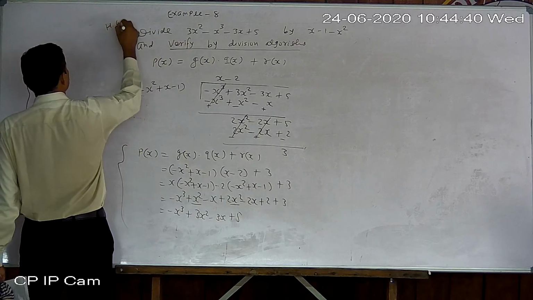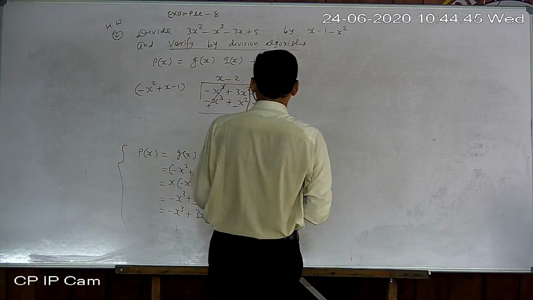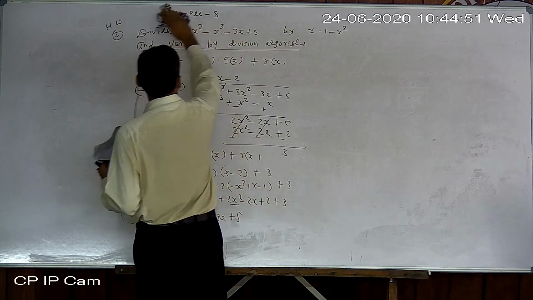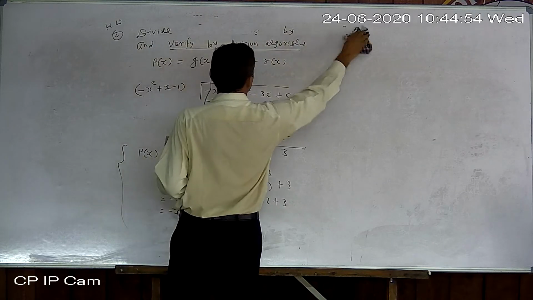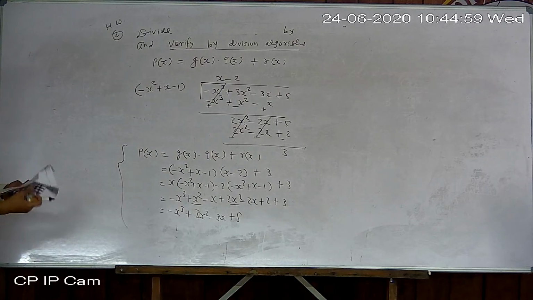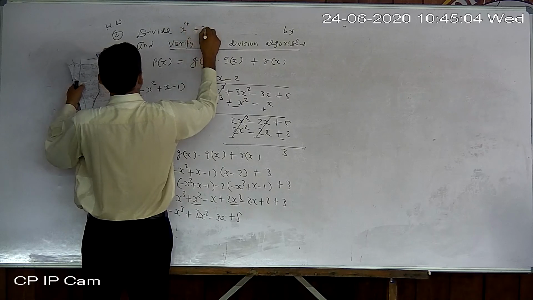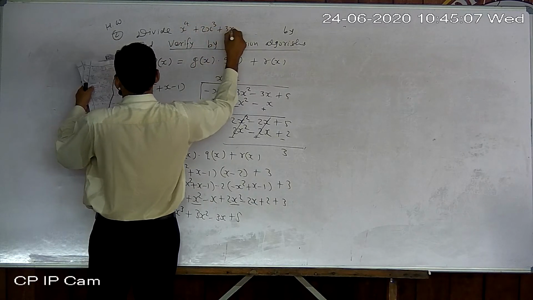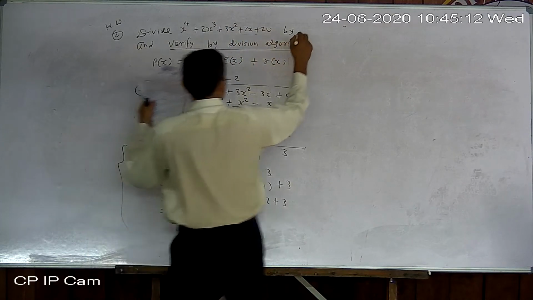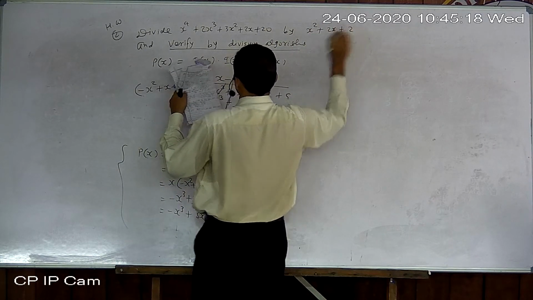Now, homework, second sum. In today's session, second sum. Just like this. Divide x4 plus 2x cube plus 3x square plus 2x plus 20 by x square plus 2x plus 2.